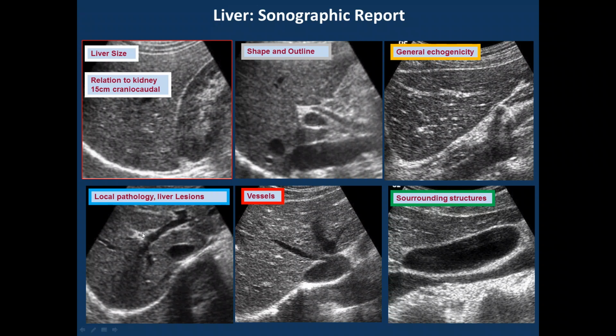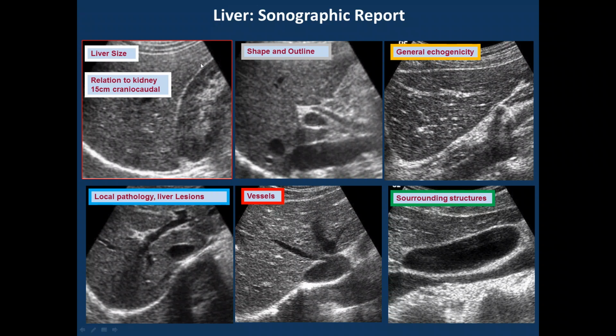Going back to the sonographic report of the liver, we have to look at the liver size. Usually the liver doesn't exceed 15 centimeters craniocaudally, and in relation to the kidney, the normal liver doesn't exceed the level of the lower pole of the right kidney.